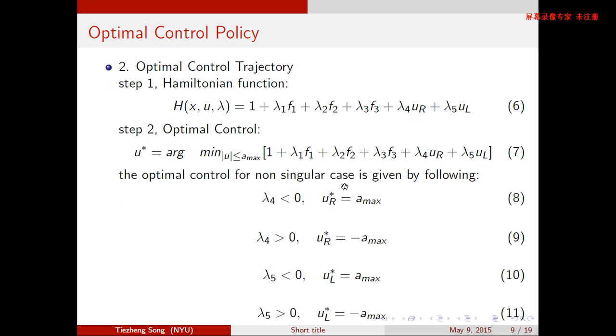The optimal control policy is given by the following, which means that equation 8 says that when the variable lambda 4 is negative, the control input on the right wheel needs to take the maximum value in order to minimize the Hamiltonian function. For the same reason, the other three control policies can also be found.